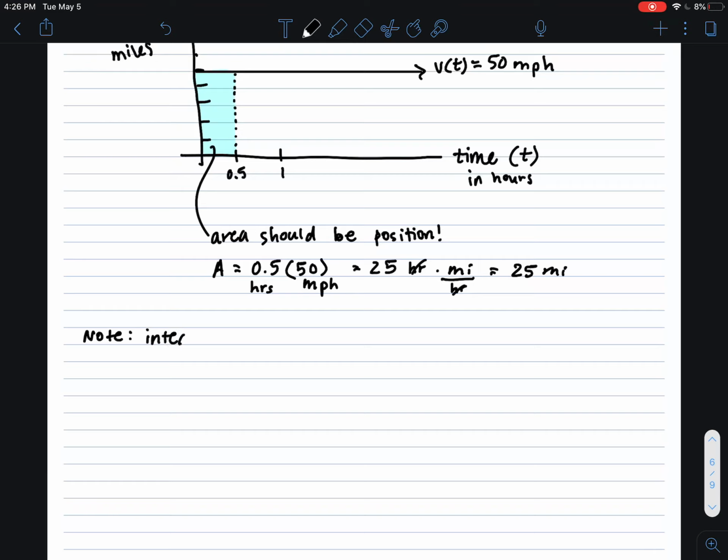Note, integrals give exact area under a curve. But for now, we're going to focus on approximate areas.